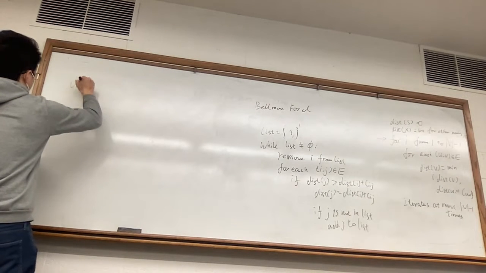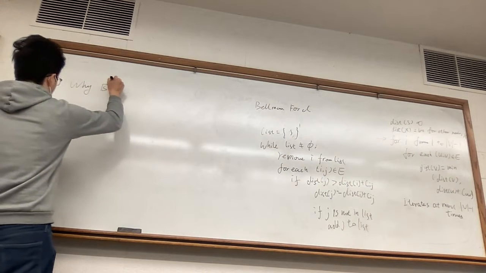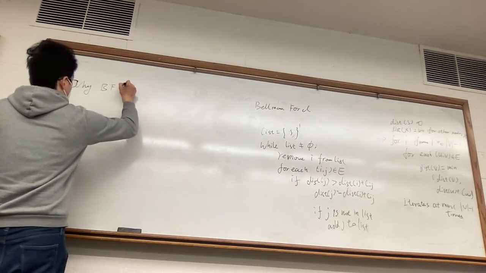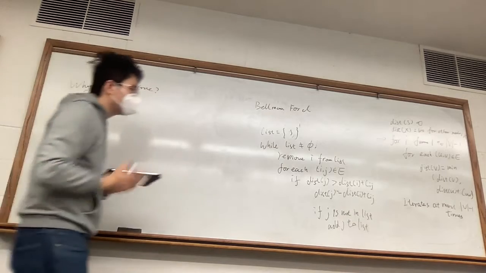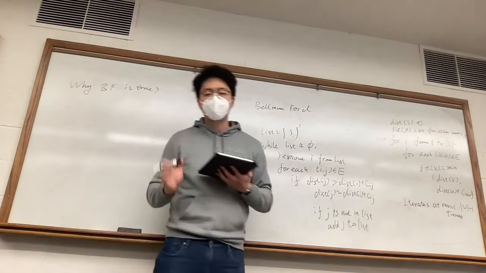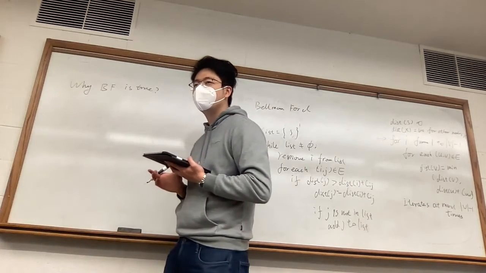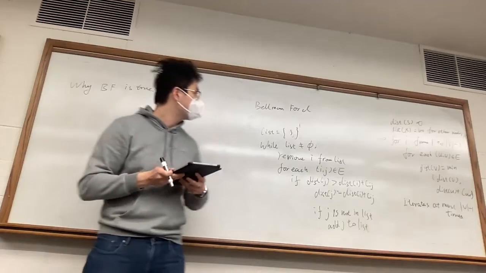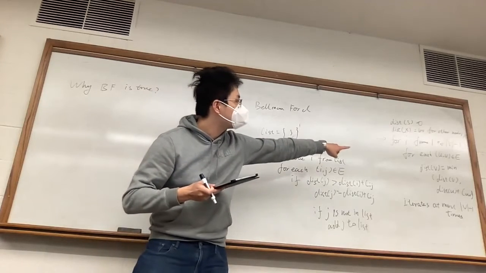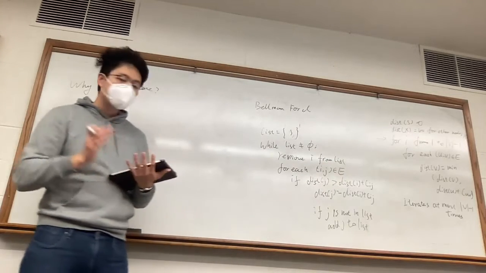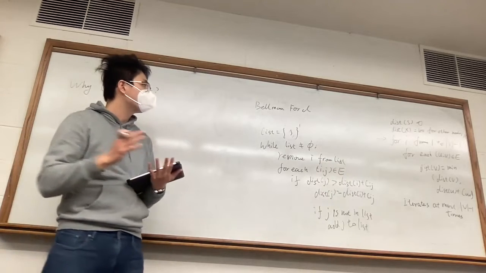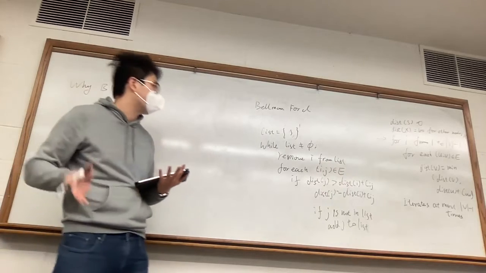So my question is, why is Bellman-Ford correct? To answer this question, you first need to know what Bellman-Ford does. Look at the pseudocode there. Let's say we iterate n minus 1 times, or v minus 1 times.